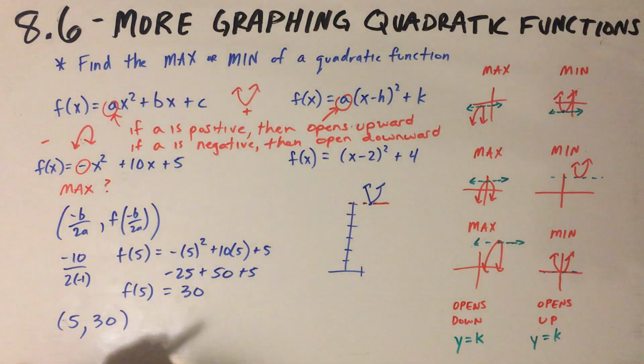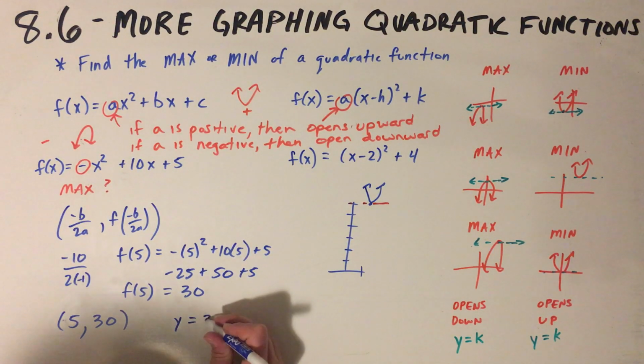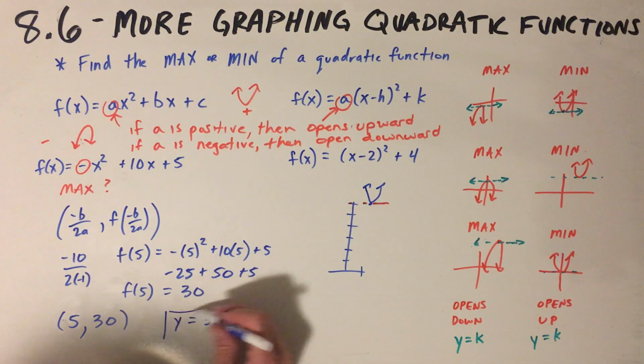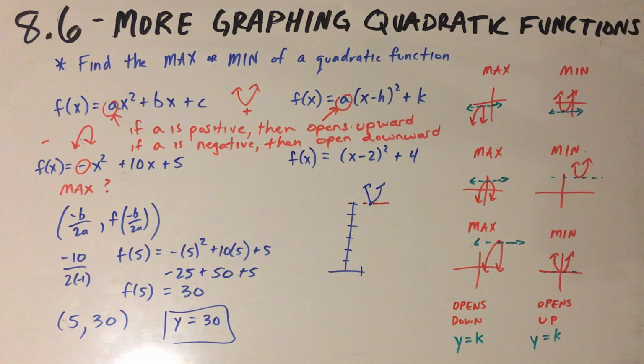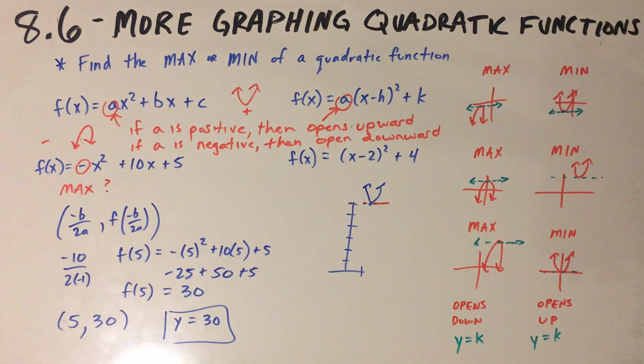So the min value is y equals 30. That's the smallest that it will get. Again, this is a super rough sketch of the graph. This isn't asking you to graph, it's just asking you to find the max or the min.